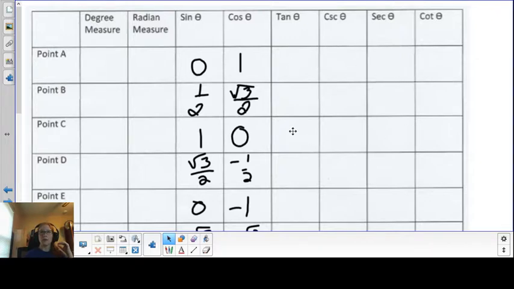The rest of this right side of the chart I'm going to give you, and we are going to determine the left side together. So my tangent for point A is going to be 0.